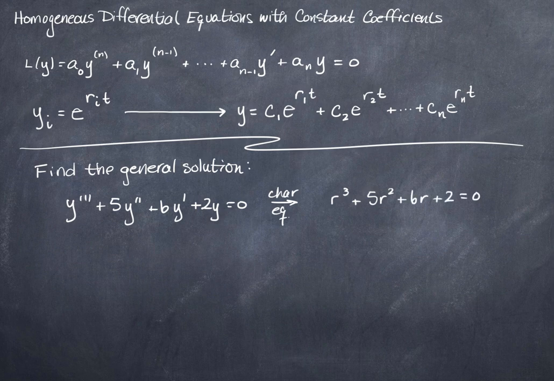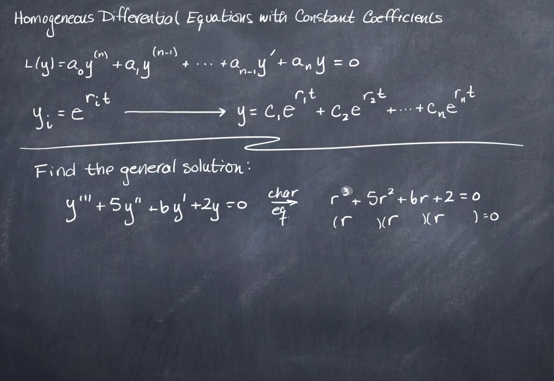And what we want to do is find the solutions to the characteristic equation. There will be 3 of them because this is a third power polynomial. And so with some luck, we'll be able to find r equals 3 different constants, and that'll give us our 3 solutions.